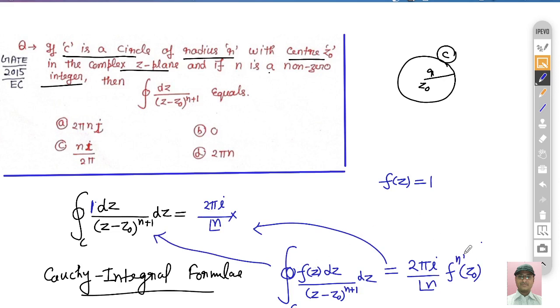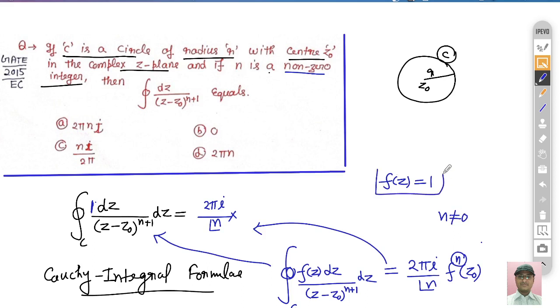So we have to differentiate it n times. This is given as a non-zero integer, which means that it is differentiated at least one time, right?